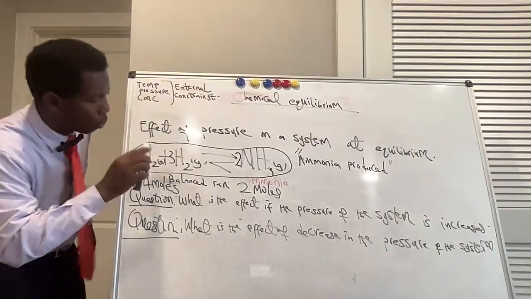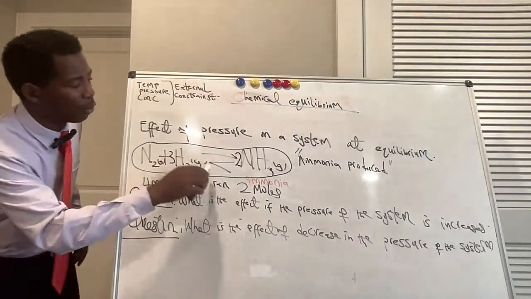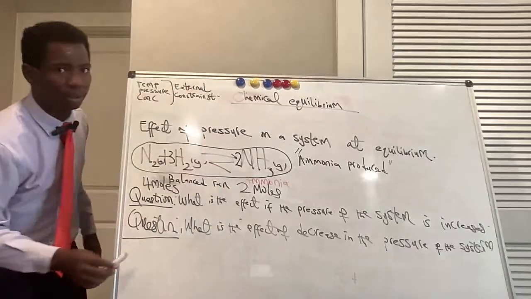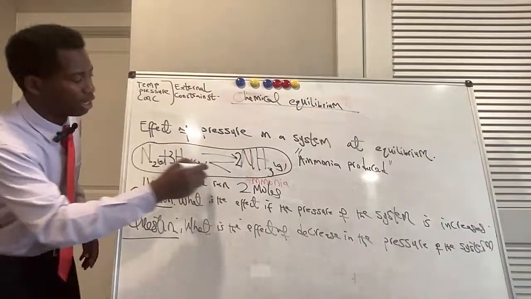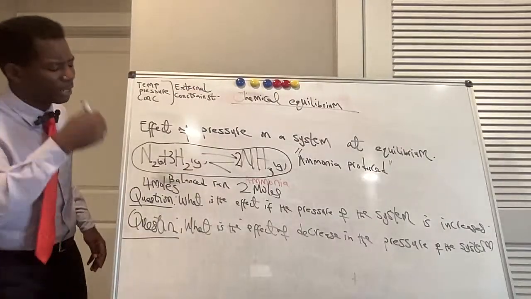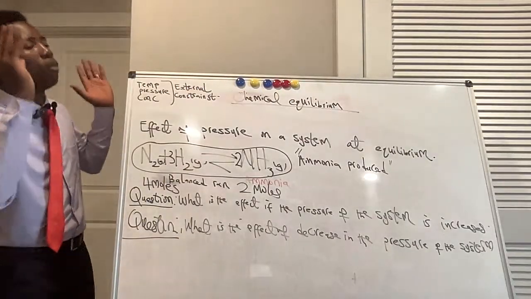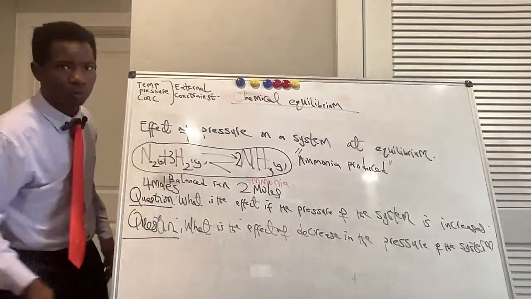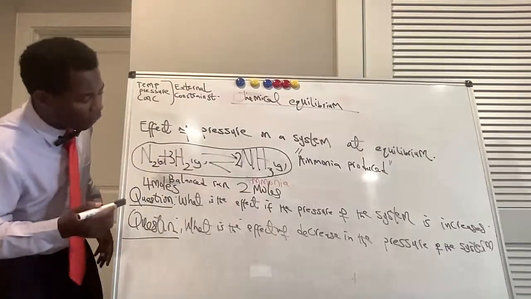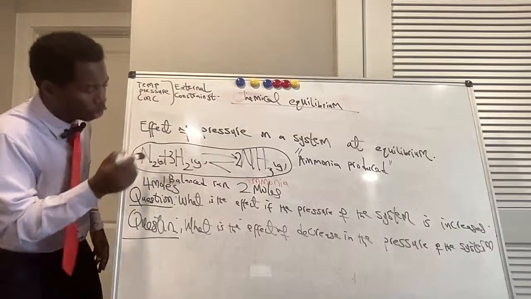So when there is a decrease in pressure in this system, it favors the production of both nitrogen and hydrogen.